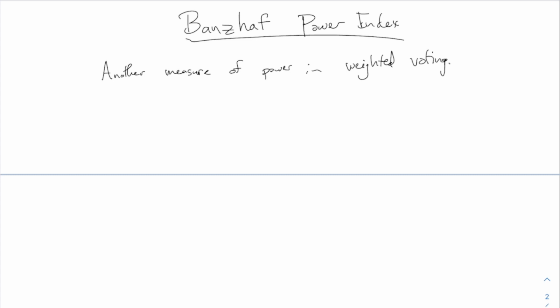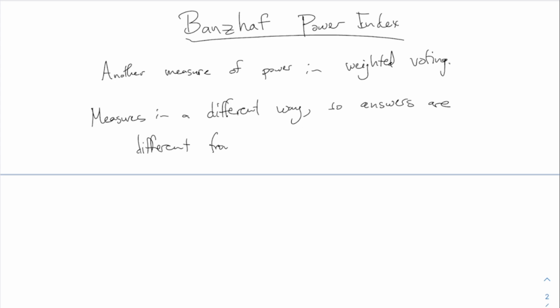It's just because they are measuring power in a different way. So the answers are, or might be, usually different from the Shapley-Shubik. They're just two different ways to do it.